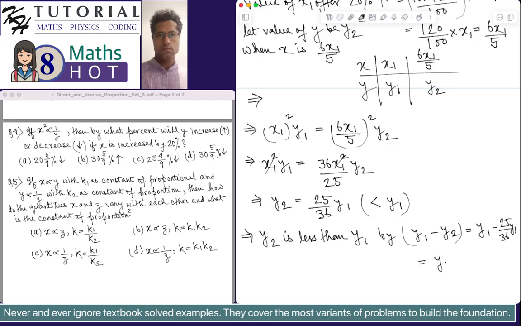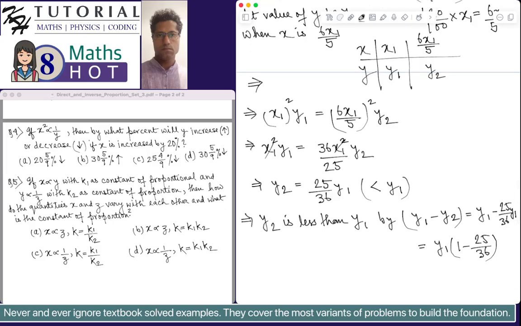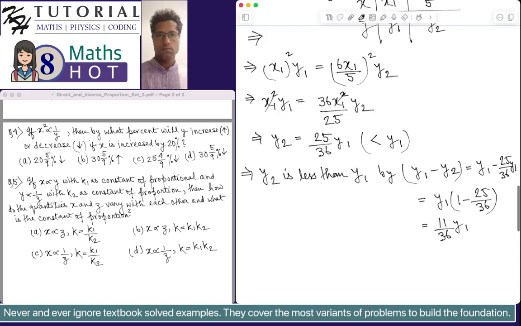If you take y1 common, we have 1 minus 25 by 36, which is equal to 11 by 36. So y2 is less than y1 by 11 by 36 of y1.